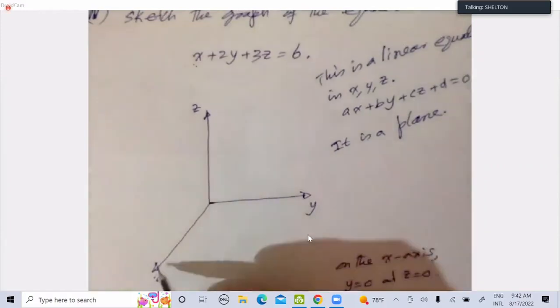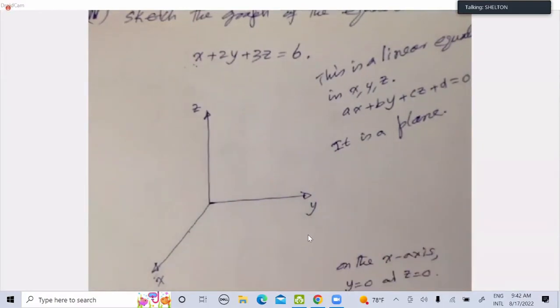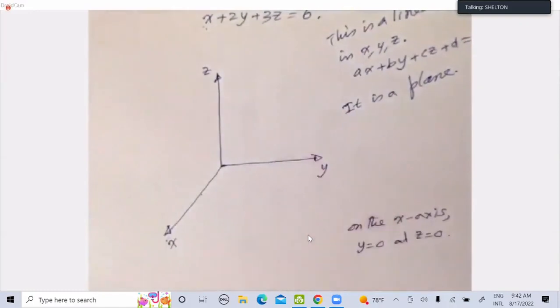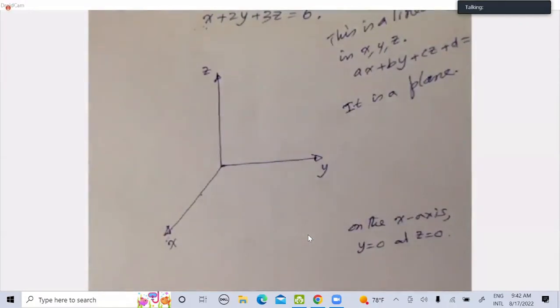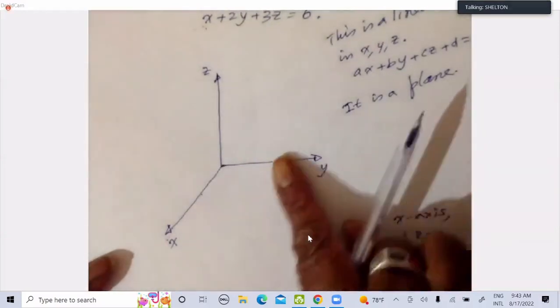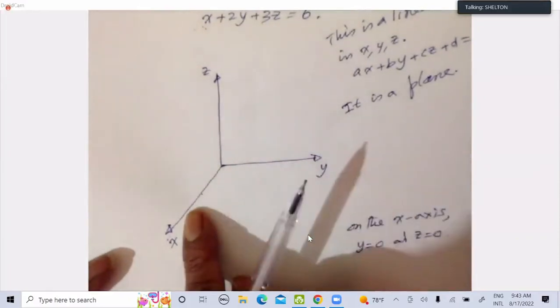If you take a point on the x-axis, only the x-coordinate is there. You can think of it this way also. Tell me the equation of the xy plane. XY plane is z equals 0.